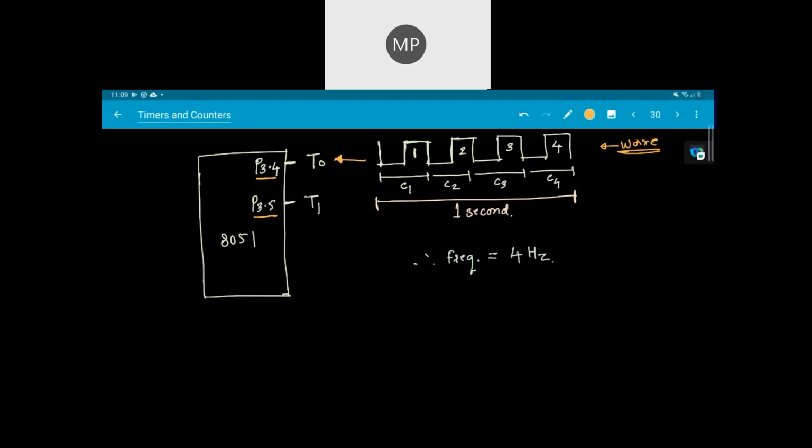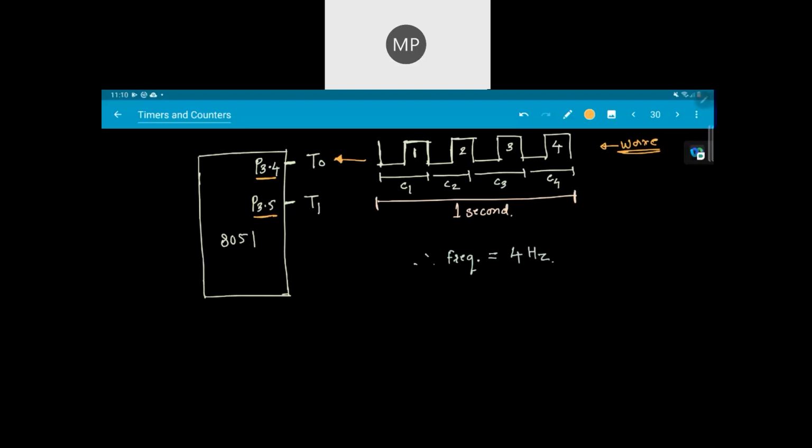Then we want to calculate the frequency of this wave. So how do we calculate? The very intuitive way of calculating the frequency of any wave is to count the number of pulses in 1 second. एक सेकंड में कितने pulses उस wave में आते हैं वो हमें count करना है, right? So we'll start counting the pulses as soon as we provide it to pin T0, that is pin 3.4.